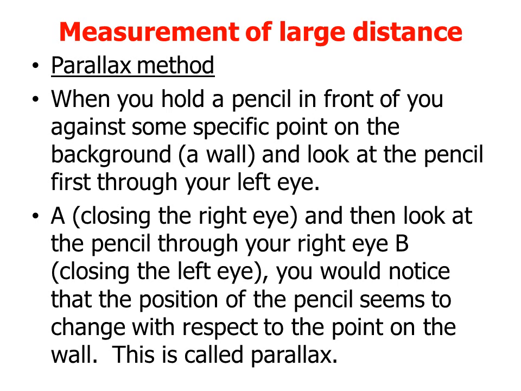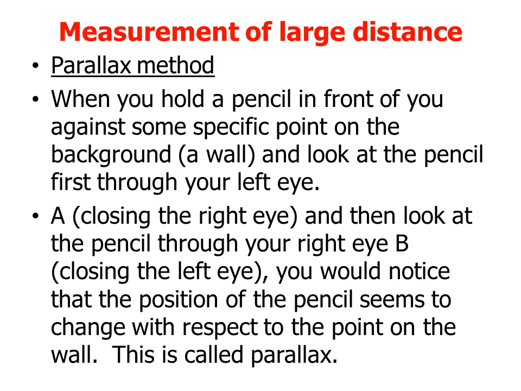In the parallax method, first we should know what parallax is. When you hold a pencil in front of you against some specific point on the background and look at the pencil first through your left eye, closing the right eye, and then look at the pencil through your right eye.